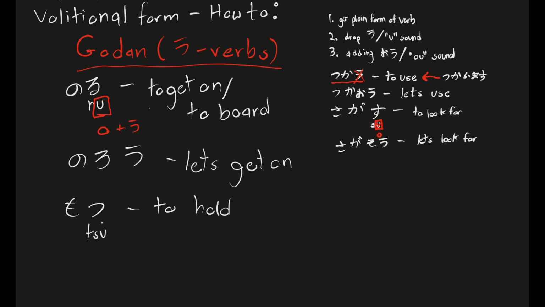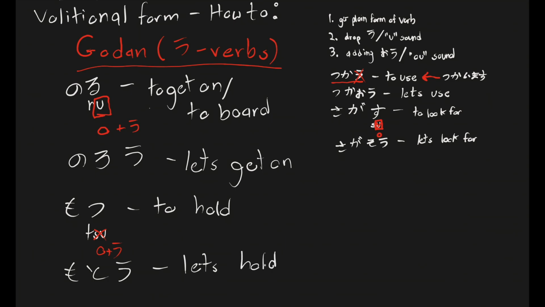So what you actually do here is you get rid of the SU in the tsu, and you just put the O plus the U character, and you would get moto, let's hold.